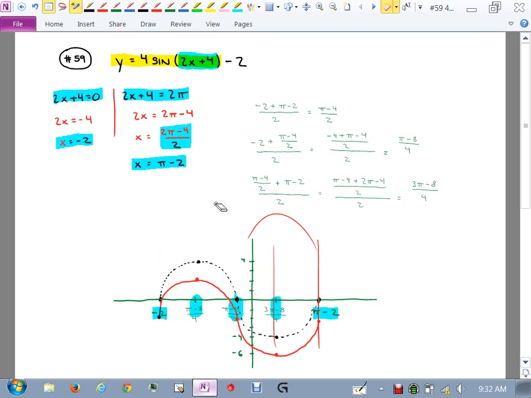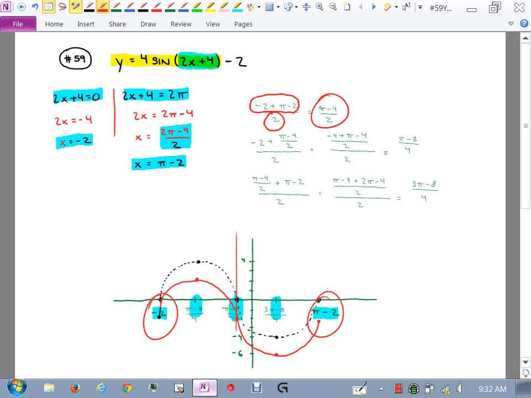So I'm trying to find all those. To figure out the halfway point right here, I take the two endpoints, add them, and divide by 2. If I do that, I get this, and that's going to be this middle point.